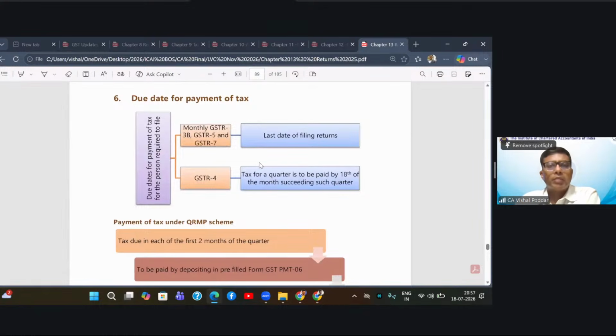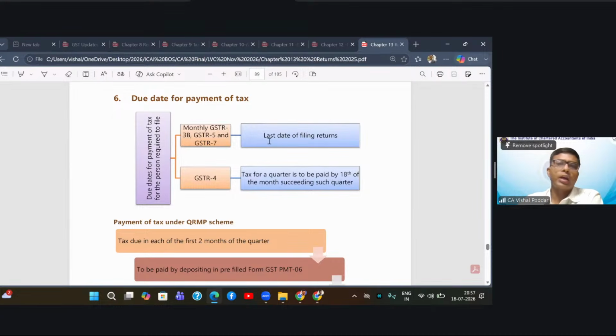Now, what are the timelines? So due dates for payment of tax for the persons required to file monthly GSTR 3B, GSTR 5 and 7 is the last date of filing returns. So please understand, there is no separate due date for making payment of tax. You have to make the payment of tax along with the filing of returns.